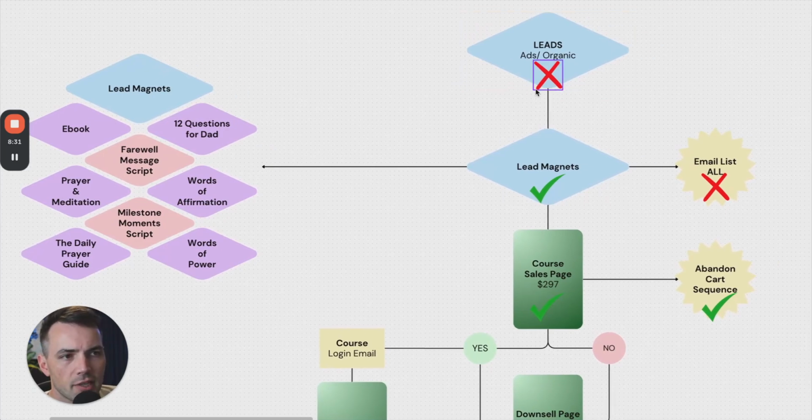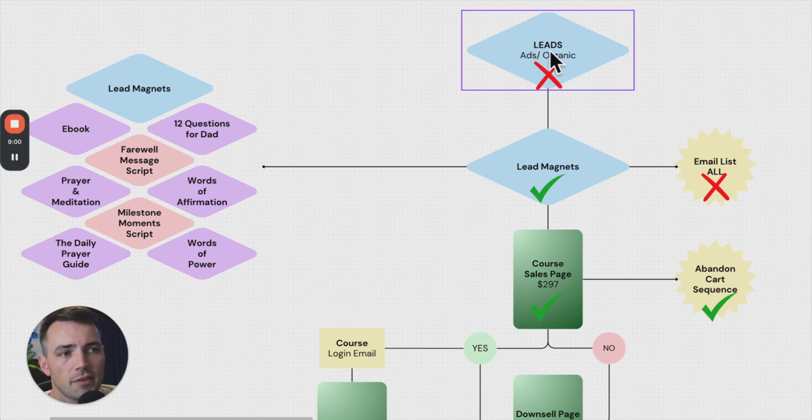Now, if they click the button and they go to my website, then it's not going to be focused enough for them to make the purchase. They're going to have to find the button that says purchase, which could be on one of the tabs that isn't even on the home page. They're going to have to search around. They're probably going to get distracted because you have so many things that you're talking about on your website.